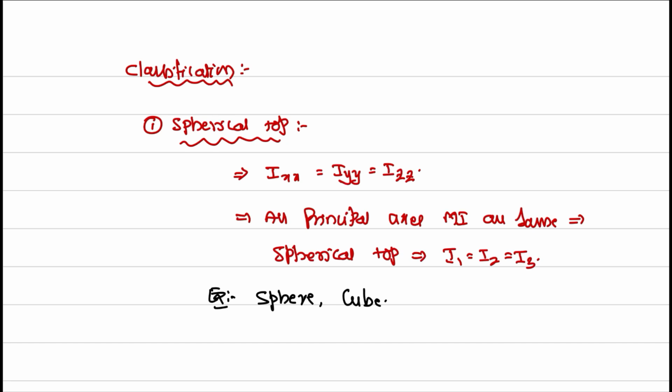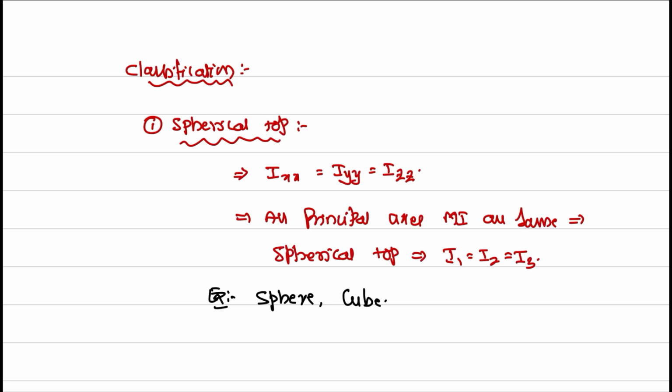Similarly, Ixz is equal to Izx. Due to that symmetry and also the principal axis being same, that implies the moment of inertia of this sphere about any axis passing through center is same. What is the conclusion?